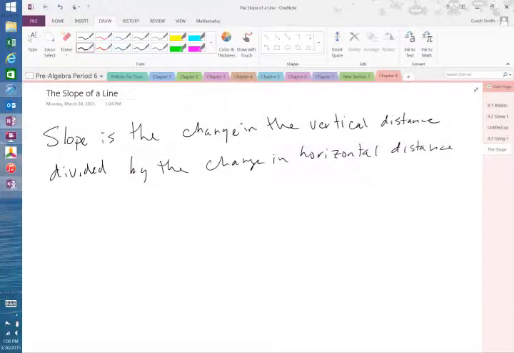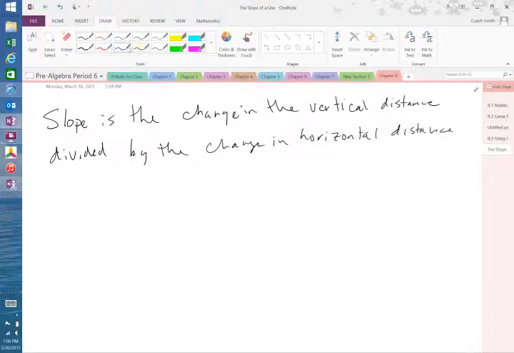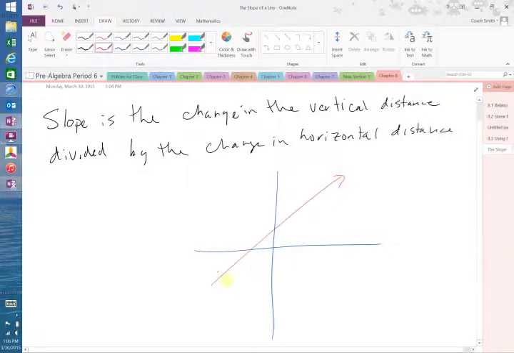If you look at a line, basically, when you have your coordinate plane, and the line goes like that, what they want to know is from one point on the line to the next point on the line, what that change is. Let's say we have a point right there and a point right there.